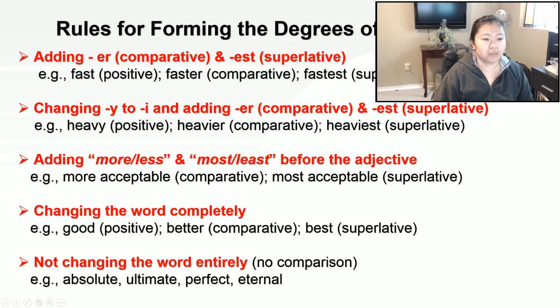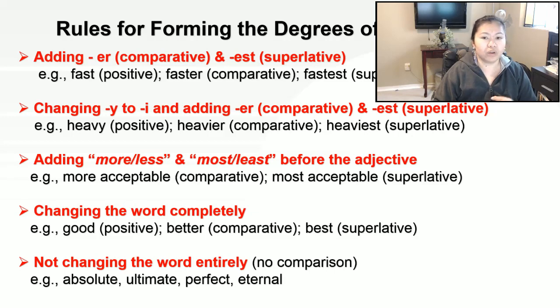Okay? Another rule is when the word ends in Y, you change the Y to I and add ER to make it the comparative form, and then EST to make it the superlative form. So heavy, heavier, heaviest. Okay? It's easy.